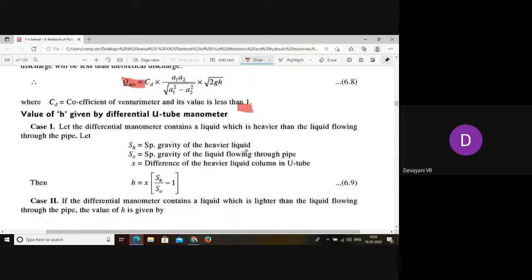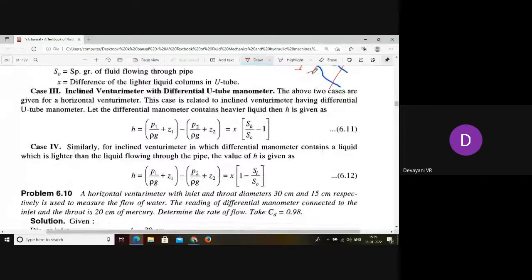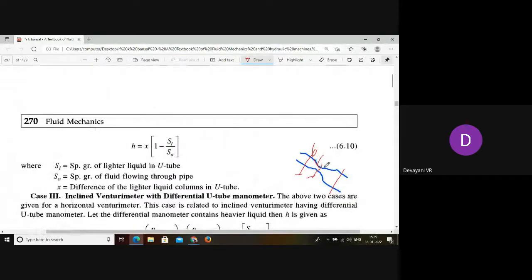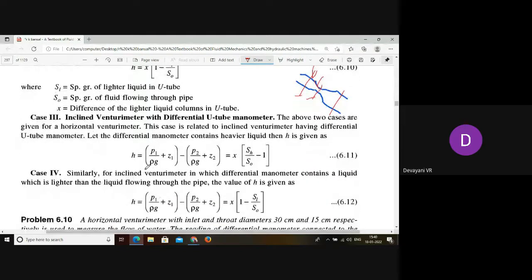But in case of the inclined venturimeter, Z1 is at a higher level and Z2 is at a lower level. So both will exist. And in this case, the pressure head can be calculated by including the datum heads also. So the difference of pressure head between the two sections will be P1 by rho g plus Z1 minus P2 by rho g plus Z2, same as the before equation.